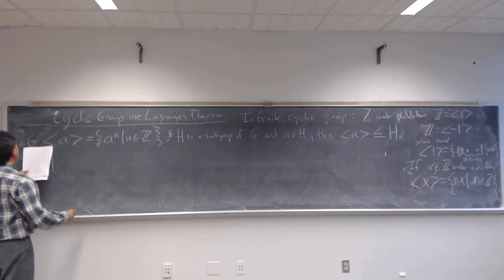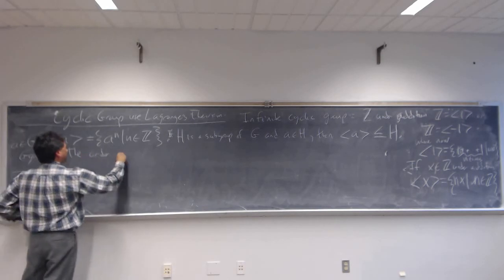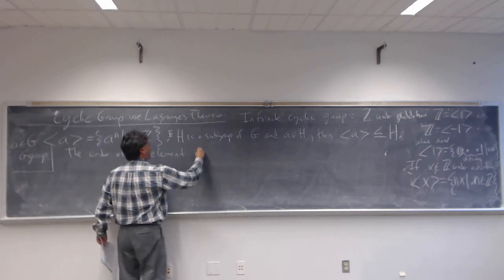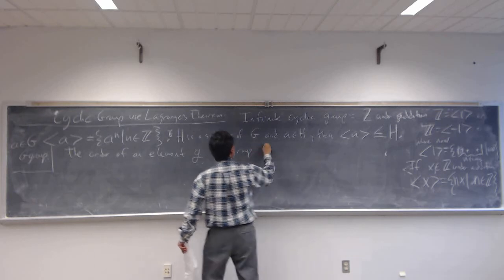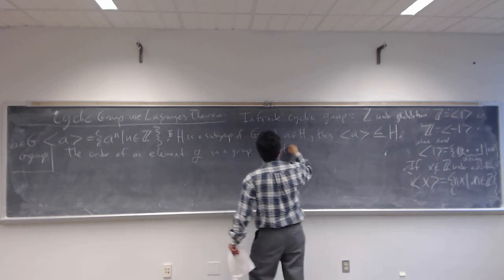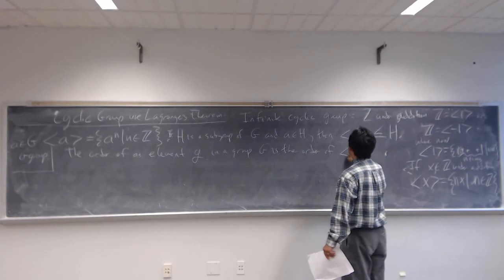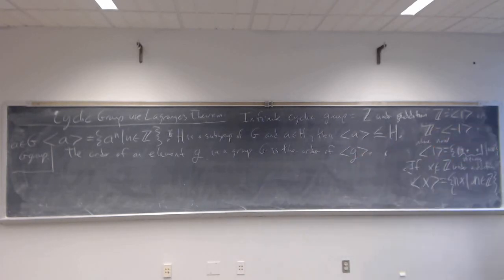And just as a reminder, the order of an element a in a group G is just the order of the cyclic subgroup generated by that element.